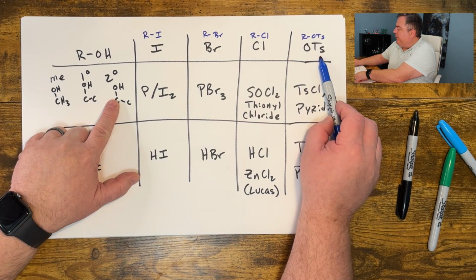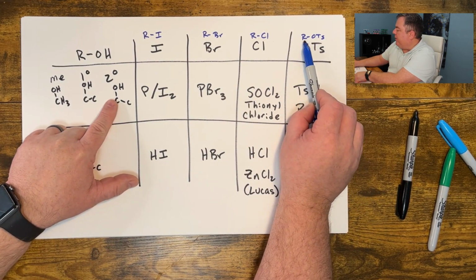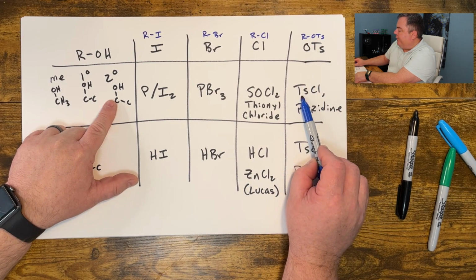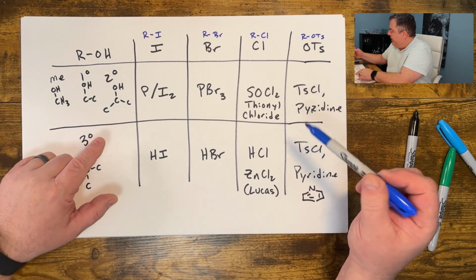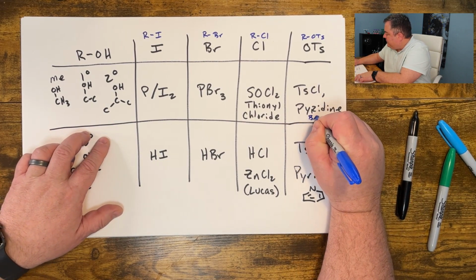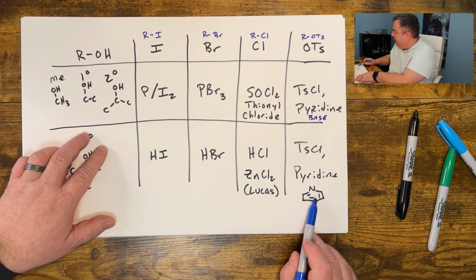And if you want to turn it into an OTs, which we'll show you in a moment, another good leaving group, ROTs, use tosyl chloride and pyridine. So pyridine is a good base. It looks like kind of a benzene with the nitrogen replacing one of the carbons.